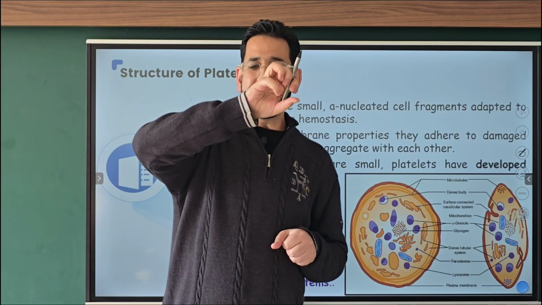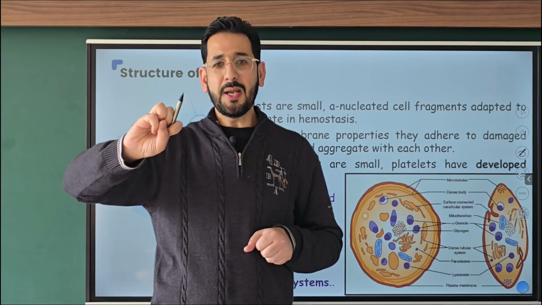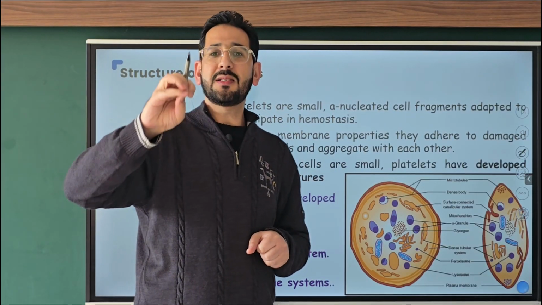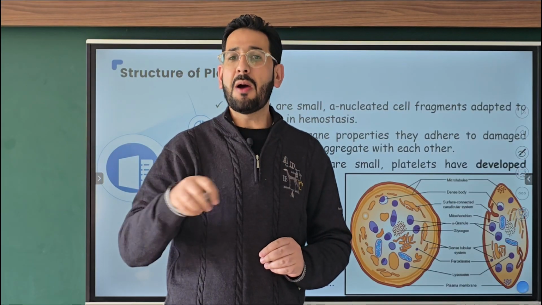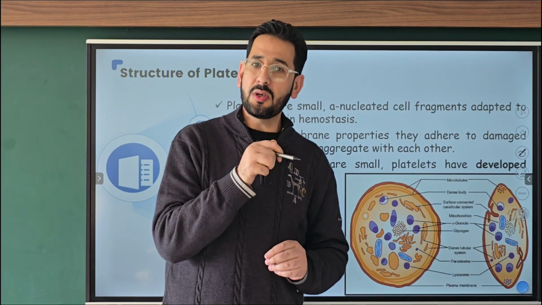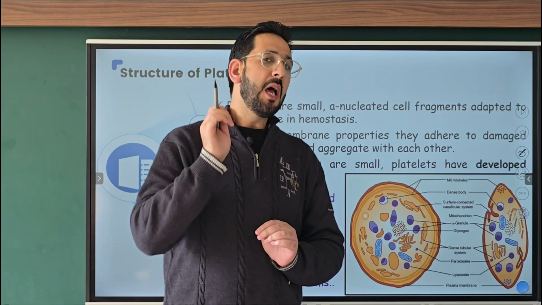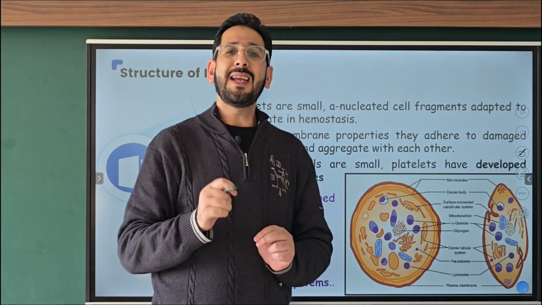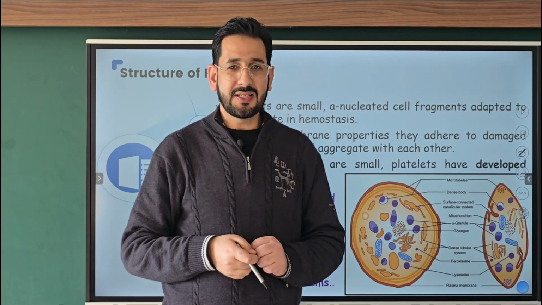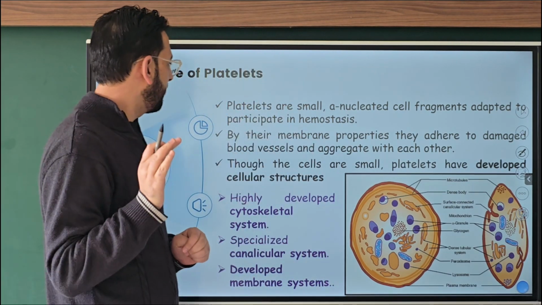Once these cellular extensions, those proplatelets, bud off, only the cytoplasm and the other cell organelles present in the cytoplasm will be part of these platelets, not the nucleus, because the nucleus is in the center of the megakaryocyte. So these platelets will be anucleated or non-nucleated cell fragments. There will not be a nucleus present there.